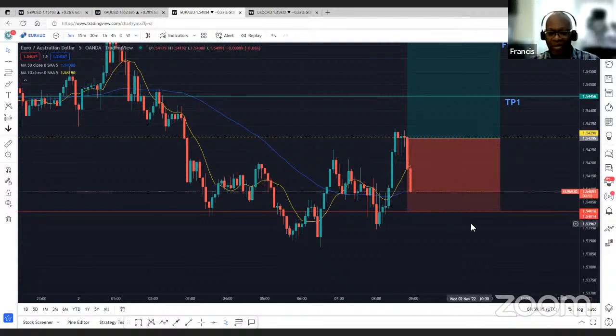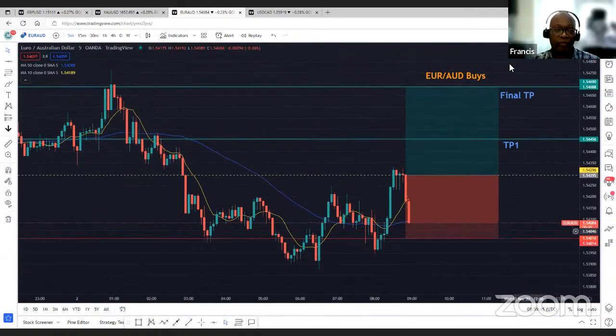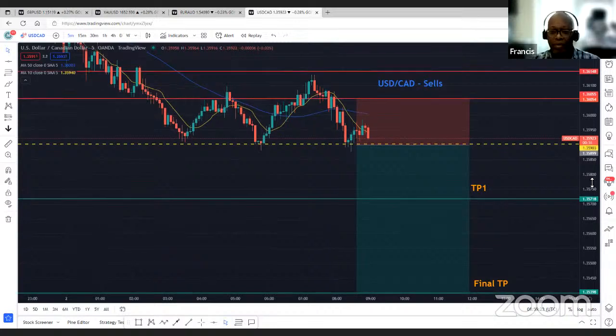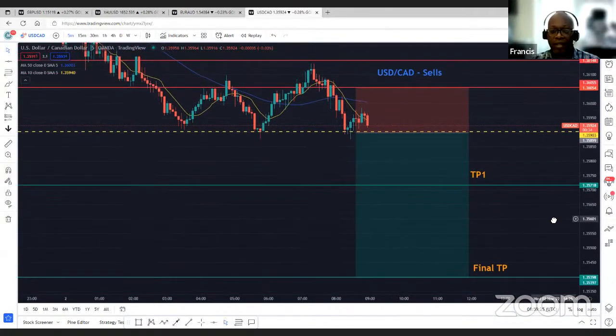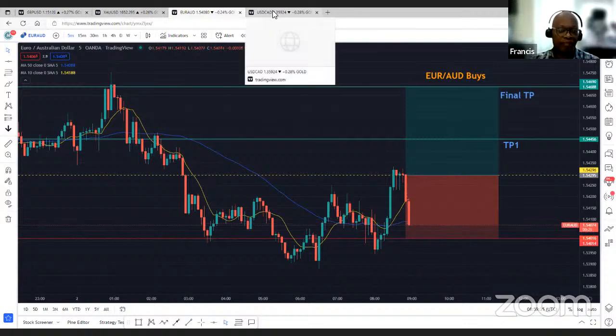So I will leave my risk at about 28 pips. We are wanting the USD CAD to drop and the Euro Aussie dollar to begin to go up.